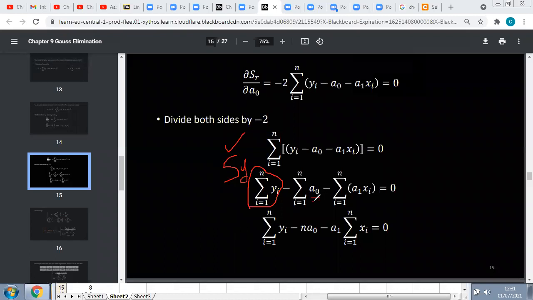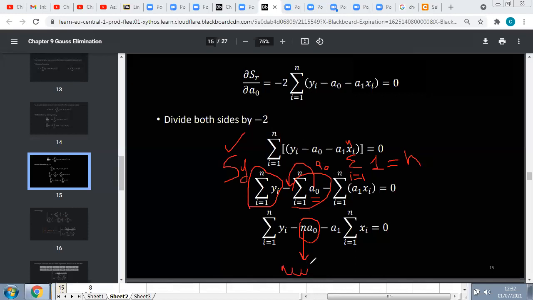Now, A0 is unknown, but A0 is a constant, so I can take it outside of the summation. And then I can replace this term by A0 times summation from 1 to n of 1. And summation of 1 from 1 to n is equal to n, because I do 1 plus 1 plus 1 n times, so I get n, okay? And then I can replace this summation by n times A0, where n represents the number of points of my data.